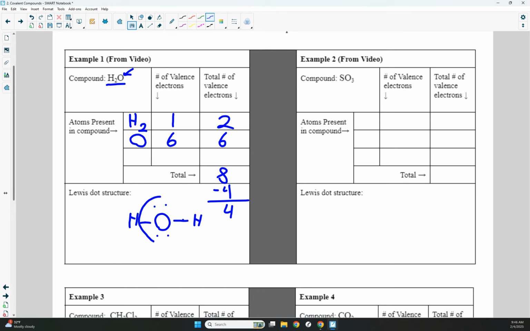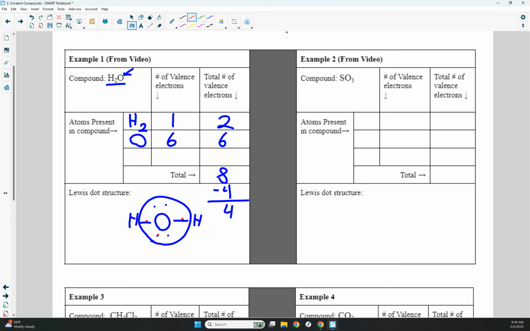And you can visualize it this way by kind of circling oxygen's electrons. And we got 2, 4, 6, 8.